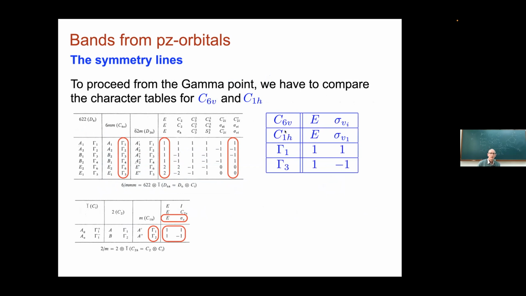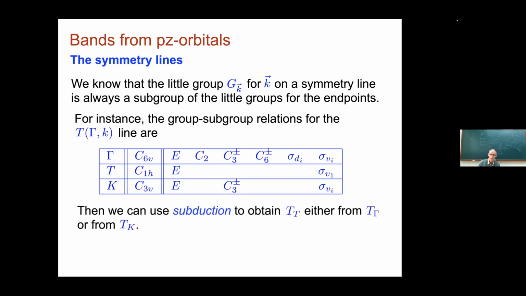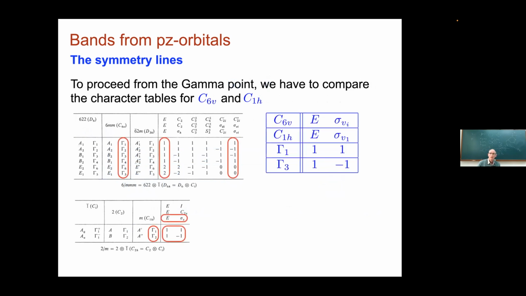So, for instance, this only has two elements. It has the identity and a mirror plane. This mirror plane, one has to be careful, is not any mirror plane. It's exactly the C_v1 mirror plane. You do this just by looking at the Brillouin zone. So this is from the original representation. I only care about this column and this column. To see the representation subduced at C1h, I only care for these two elements.